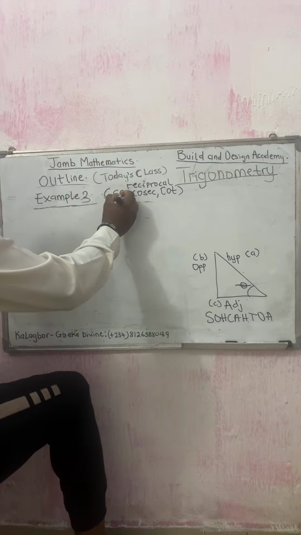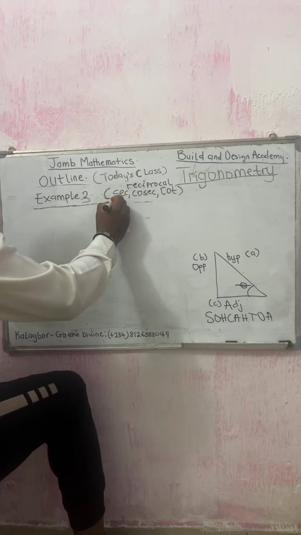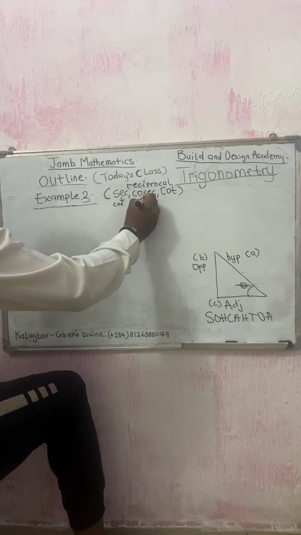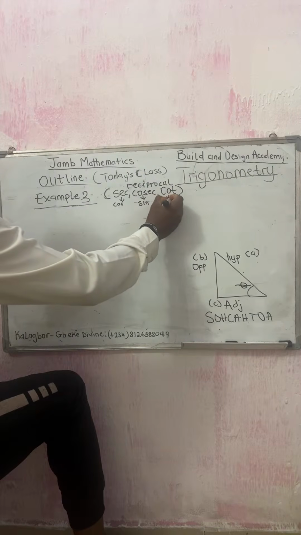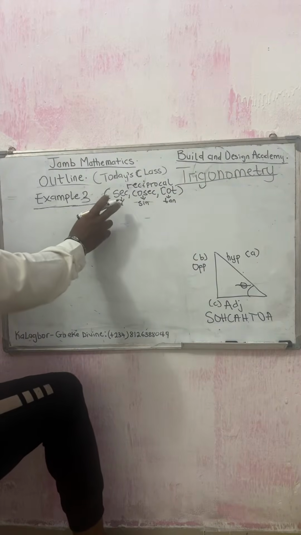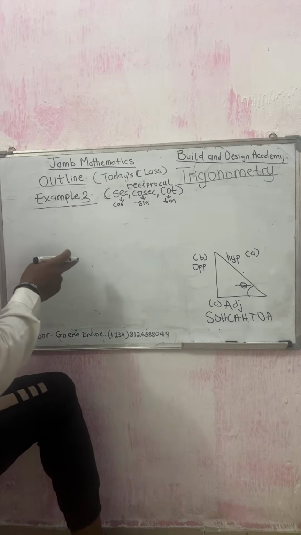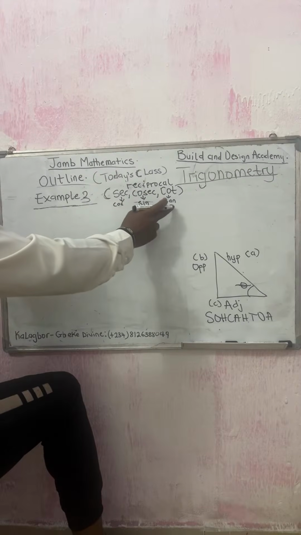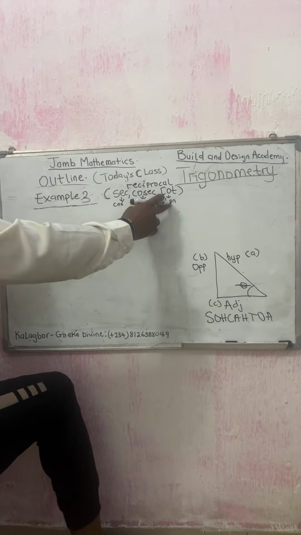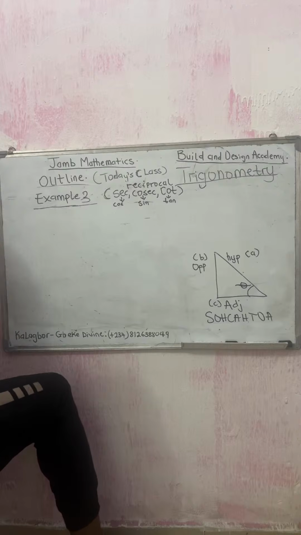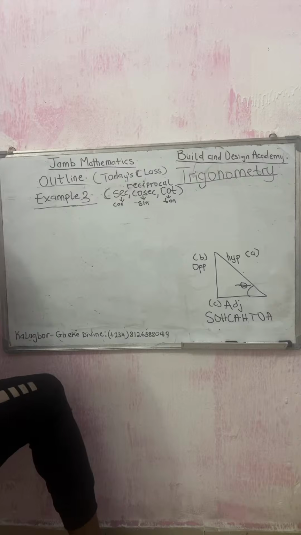This is for cos, this is for sine, and this is for tan. So the opposite of cos will give us sec, the opposite of sine will give us cosec, and the opposite of tan will give us cot. So please take note of that. Very, very important in trigonometry. I cannot overemphasize it, but please take note of it.